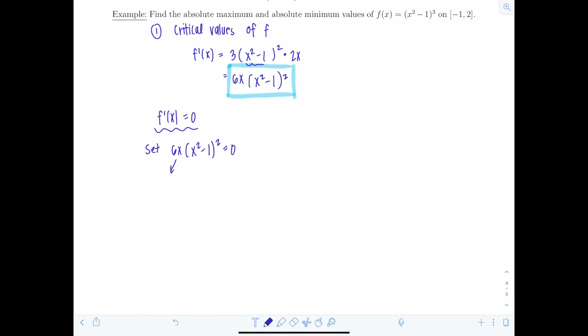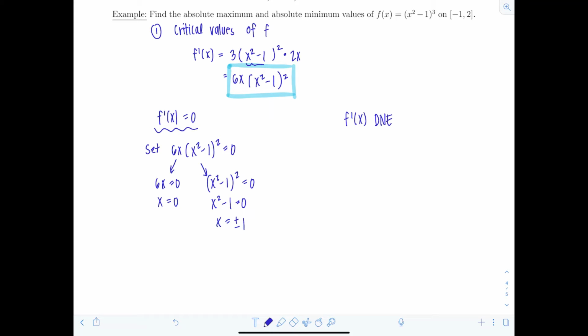So either 6x is equal to 0 or x squared minus 1 squared is 0. So solving here, we get either x is 0 or x squared minus 1 is 0, so x would be plus or minus 1.